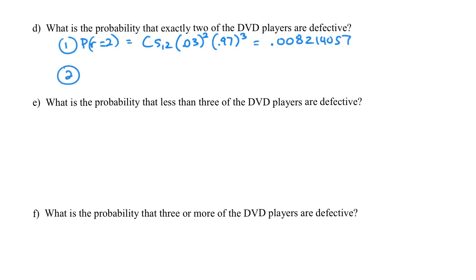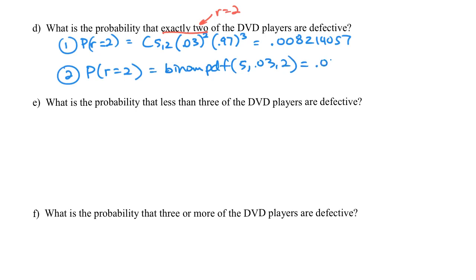This is really what I would expect you to do. The probability that R equals 2, because it says exactly 2. So R equals 2, the number of successes, right? So that's going to be binomial PDF, N, P, R. And if you punch that in your calculator, you should get the same thing.